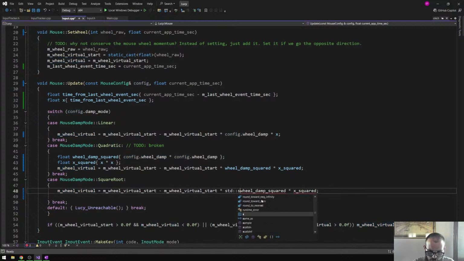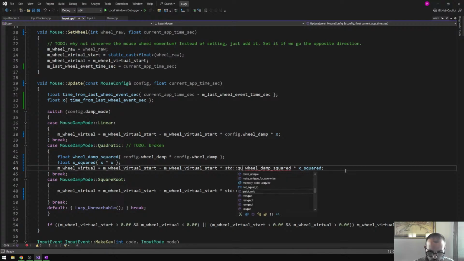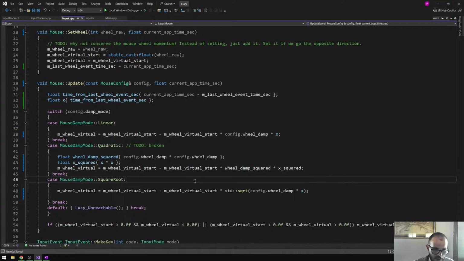std sqrt wheel damp times the x. So it's the start minus start times the square root of the damp times x. I could write it std, or I should put the base. Yeah, let's keep it like that. I don't care.